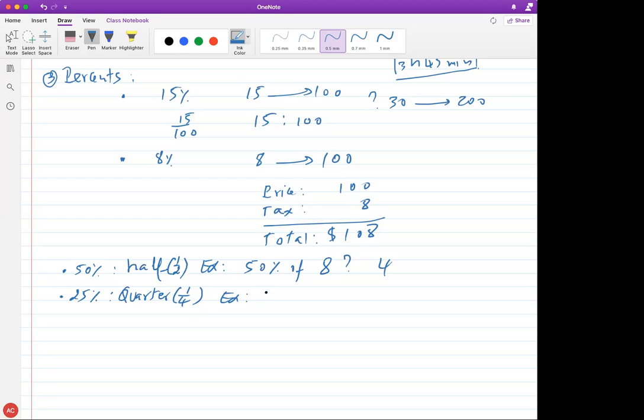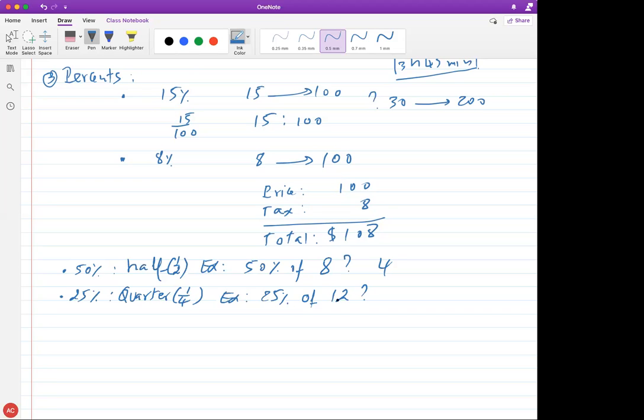Let's say you have 12. What is, for example, 25% of 12? What's a quarter or 1/4 of 12? A quarter is basically half of the half.